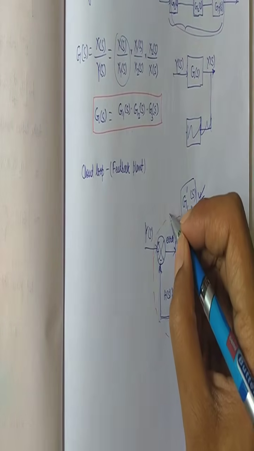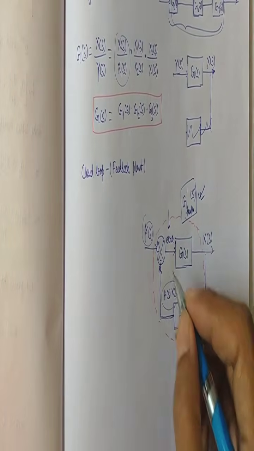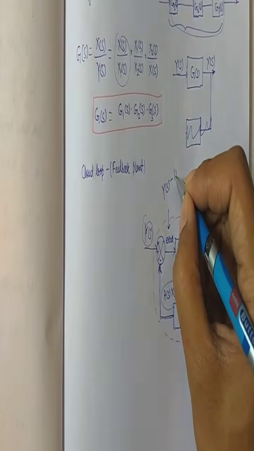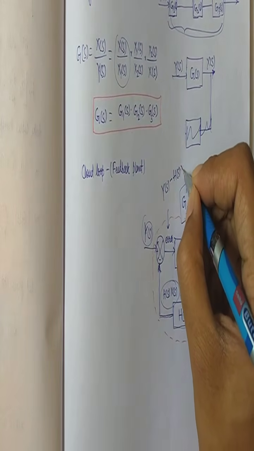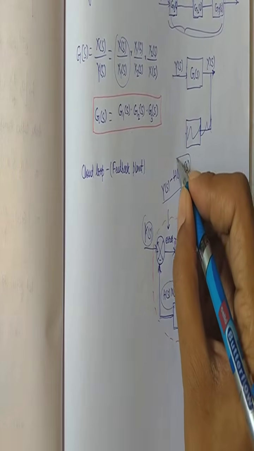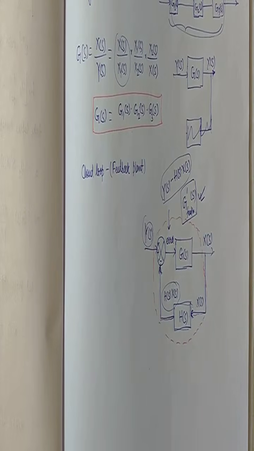So the error here is nothing but this minus this: YS minus HS times XS. So this is your input and this is your output, right?